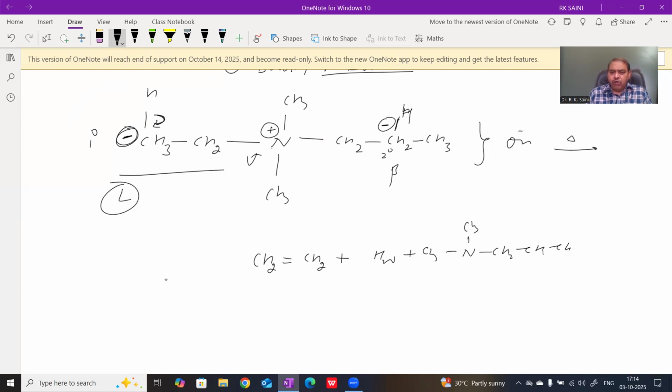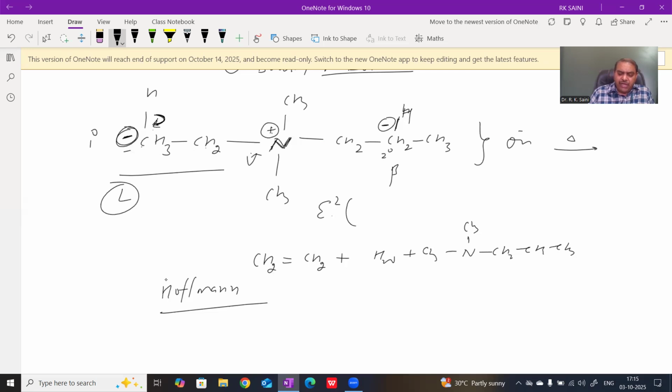And hence it is also the E2 mechanism, but with development of incipient carbanion character, because the leaving group carries positive charge and by the positive charge it stabilizes the anion. Therefore, H plus ion is removed faster, or the C-H bond breaks to a greater extent than removal of the leaving group from the alpha carbon. Therefore, the Hofmann alkene is the major product.